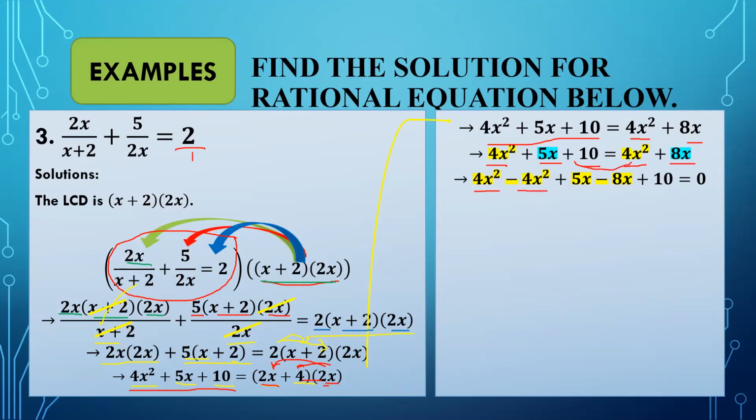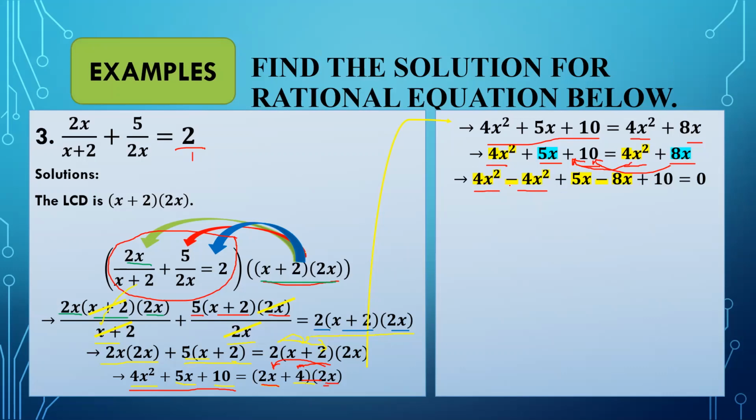Since we use the transposition rule, or the additive inverse, we transfer from the right side to the left side. Therefore, from positive 4x squared, we have negative 4x squared. Then from positive 8x, we have negative 8x.